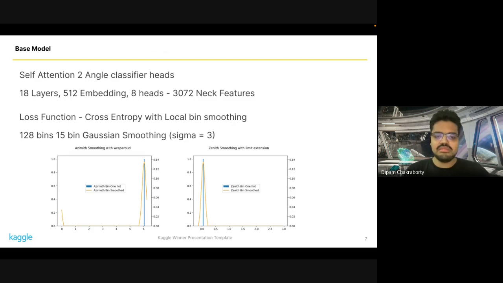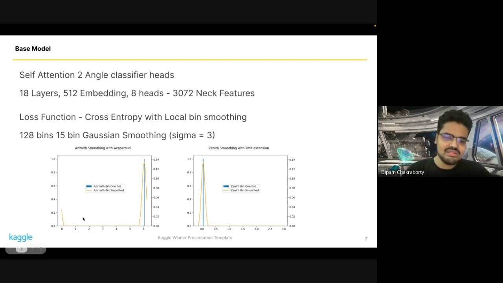So basically, it's quite simple. If it's one hot encoded to this angle, just do a simple Gaussian smoothing, and it will bring the value down to somewhere close to 0.13, and a lot of the other bins also get some value. So it's not exactly like normal label smoothing. This is something that is more applicable here.